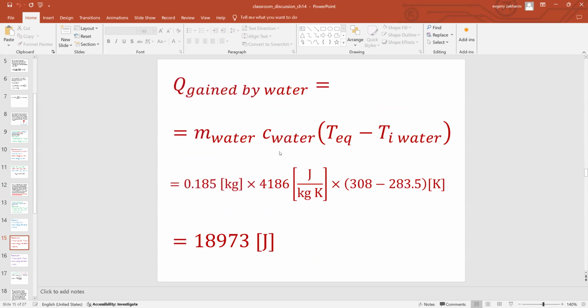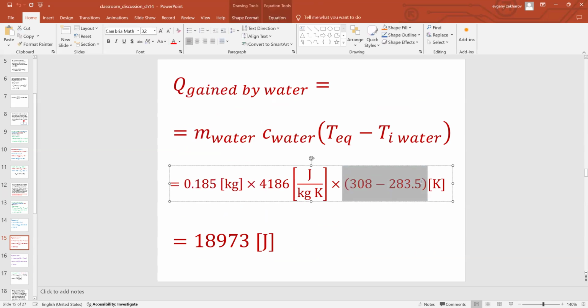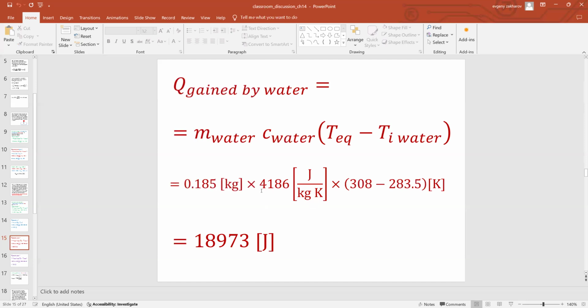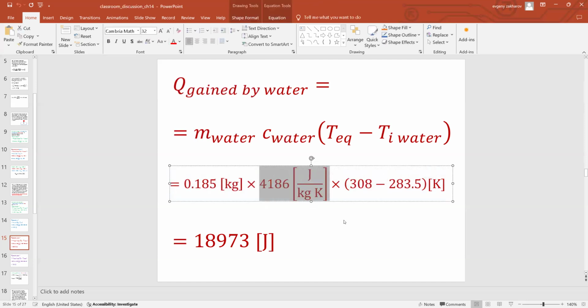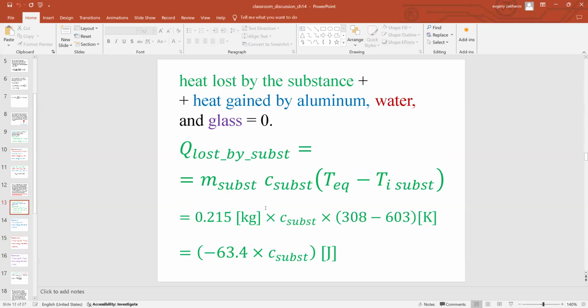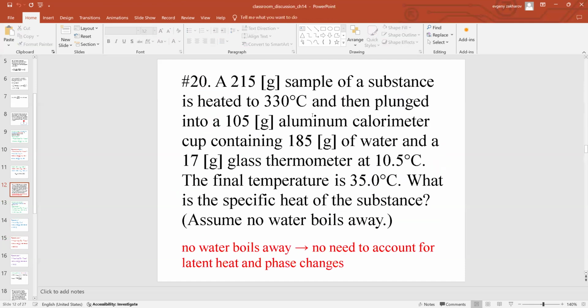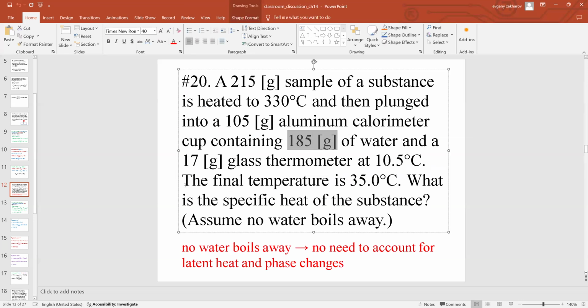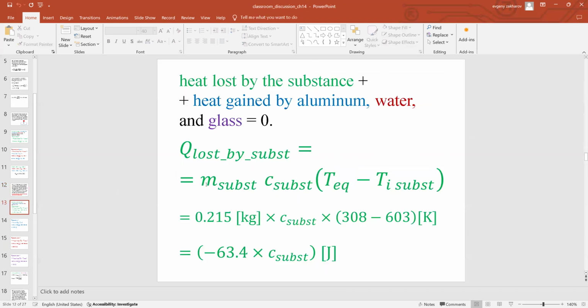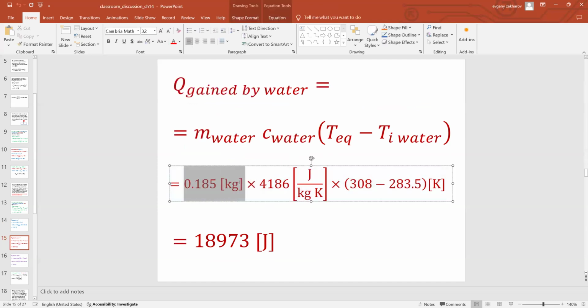This is what's gained by water. Water is heating up from the initial to final. And for water, you definitely need the liquid coefficient, the 4186. And the mass of water is also given. It's 195 grams that you convert into kilograms right there.